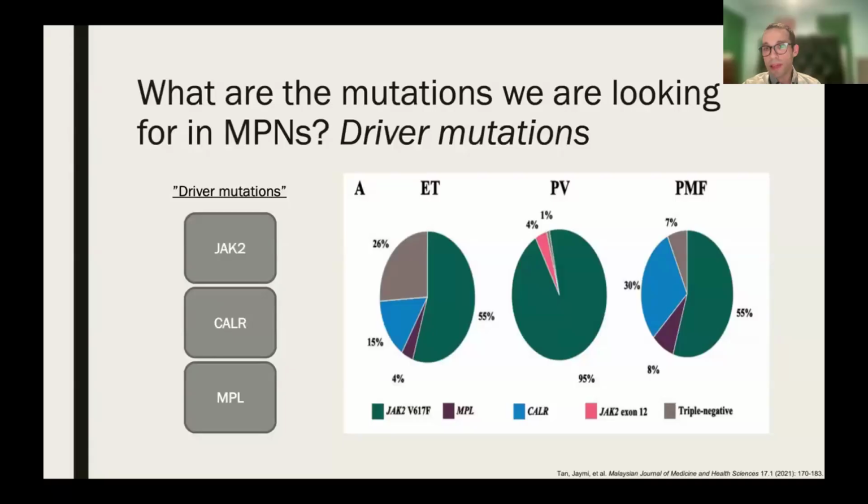So for PV, the driver mutation is almost invariably JAK2. You can see here, in this little pie chart, 99% of patients with PV will have either a JAK2 mutation in the V617F codon, or a JAK2 exon 12 mutation.